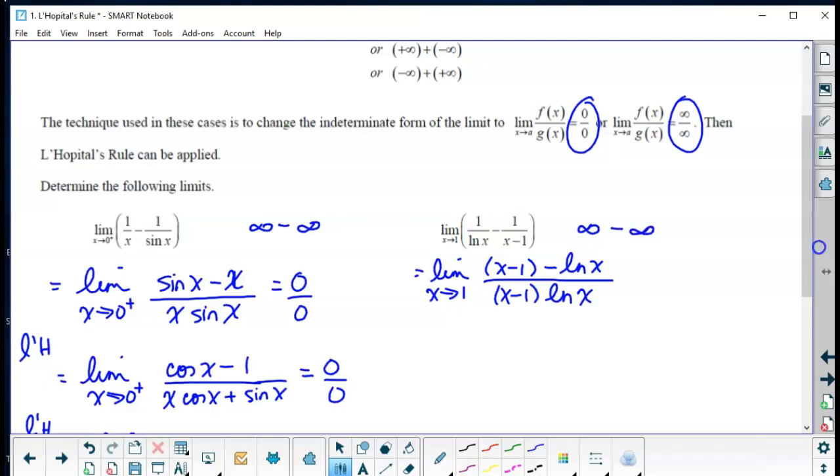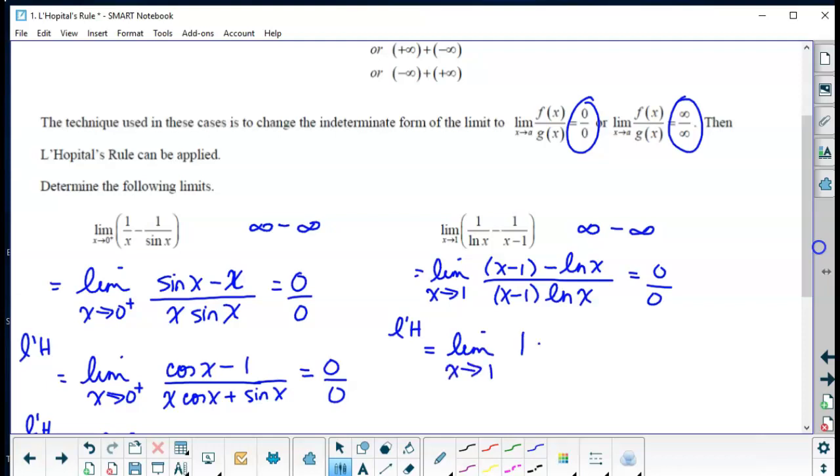So then we're showing it as a ratio. If I substitute 1 in here, I get 0 minus 0. I get 0 here. So now I want to take the derivative of both, so use L'Hopital's rule.